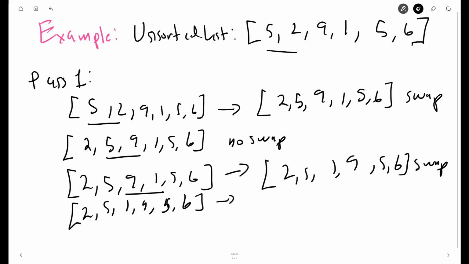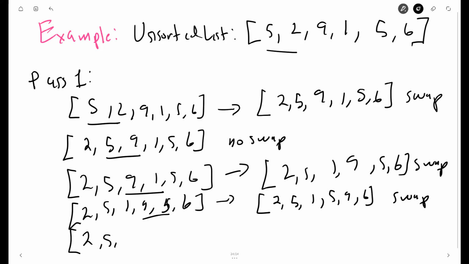So we did 1 and 9. Now we're going to do 9 and 5. So we do another swap: 2, 5, 1, 5, 9, 6. And for the last two elements, we concentrate on 9 and 6.